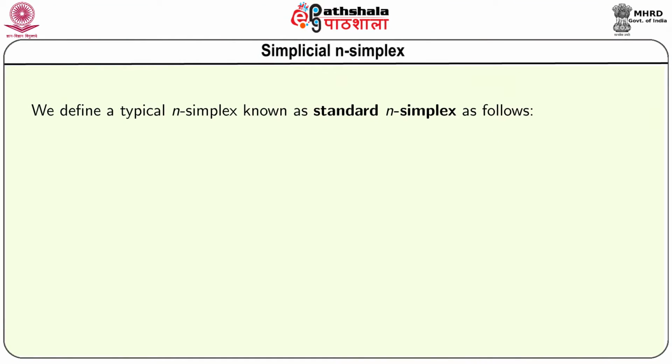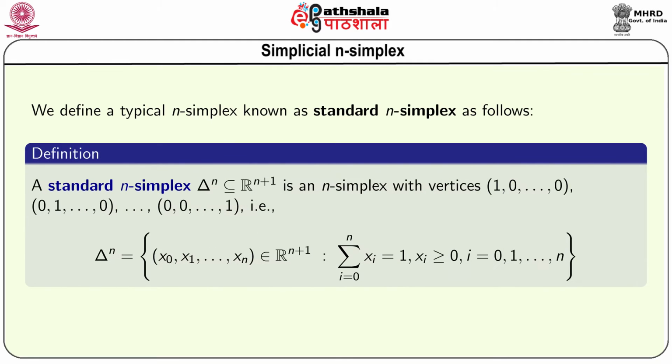So, we begin with the definition of standard n-simplex. A standard n-simplex is a subset of R^(n+1). We denote it by delta n, consisting of all the points (x0, x1, ..., xn), the n plus 1 tuple, such that the summation of xi, i equal to 0 to n, is equal to 1 and all the xi's are greater than or equal to 0.